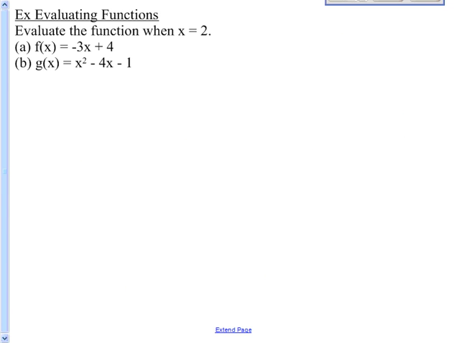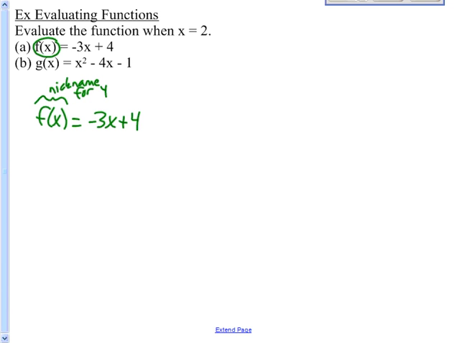All right, let's talk about function notation. If you recall from your beginning algebra course, your f of x right here is just a nickname for y. And you say, well, why do they even bother to use it? Well, it's a nice shorthand notation that really comes in handy as you work with functions, and you'll find that as you progress through your college algebra and calculus courses.